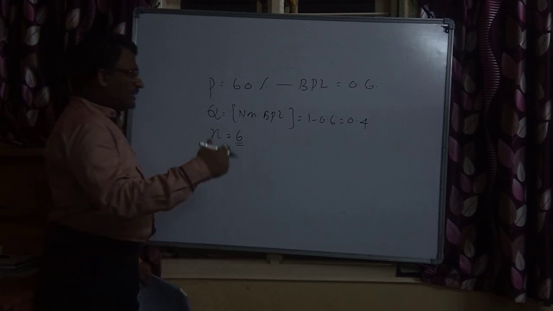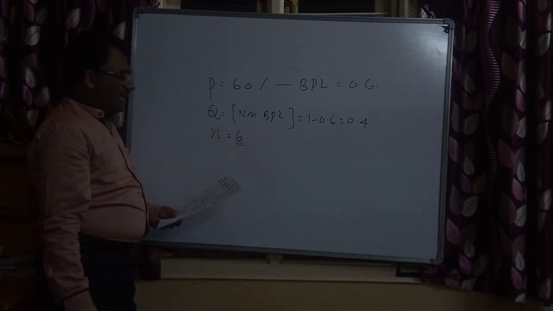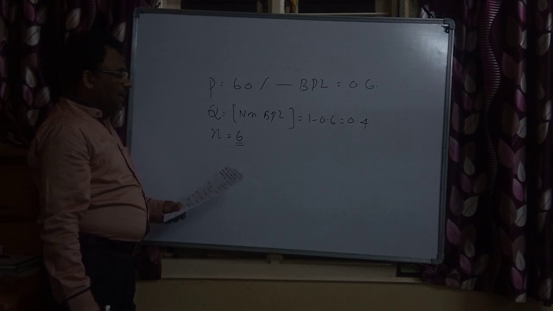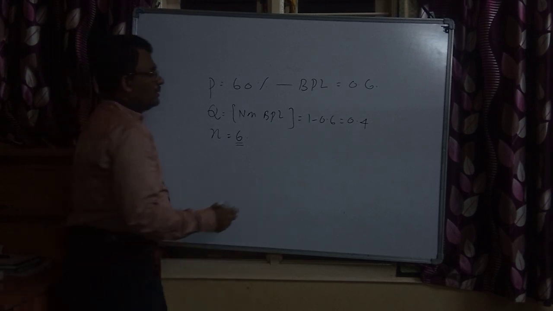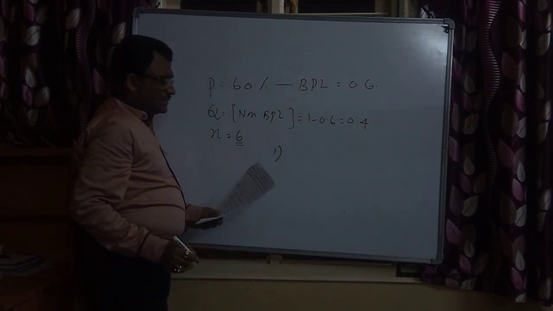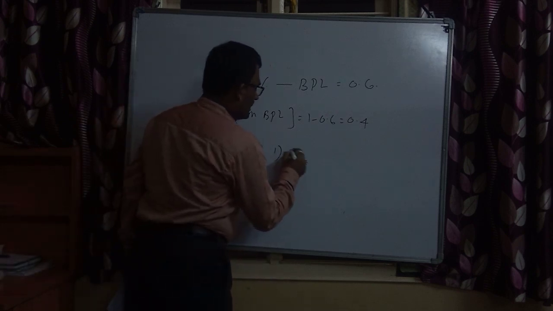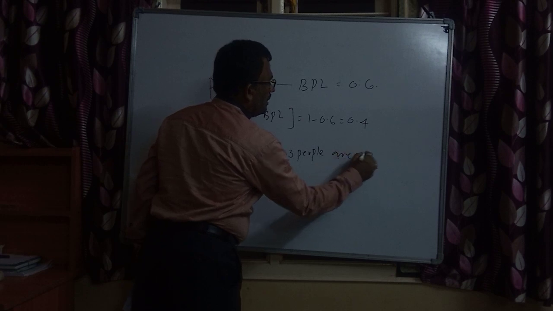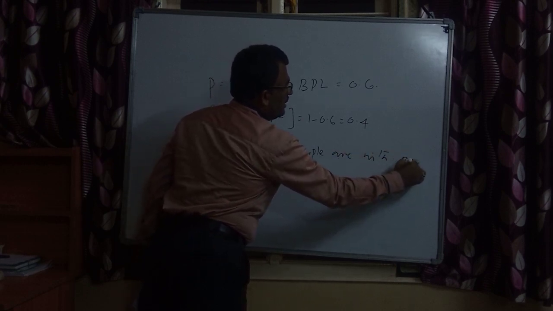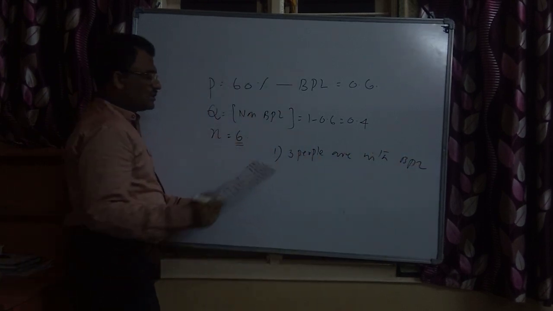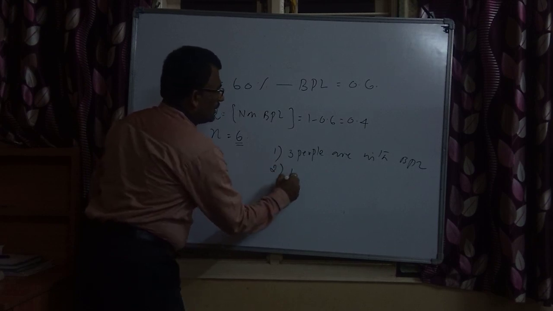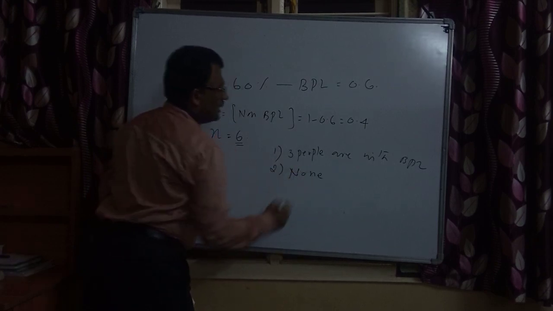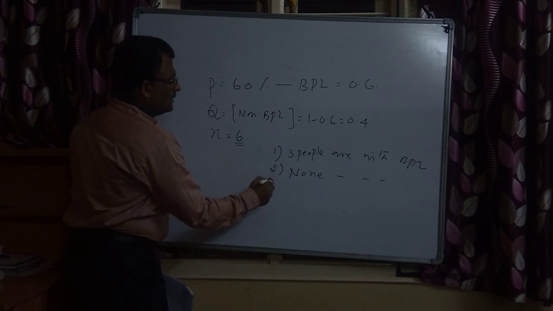Out of 6 people selected randomly, find the probability that, question number 1, 3 are with BPL. Next, number 2, none of them are with BPL.